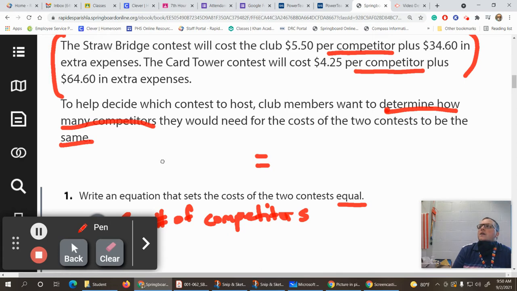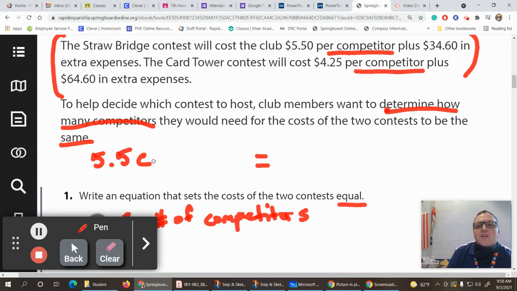All right. We have $5.50 per competitor.